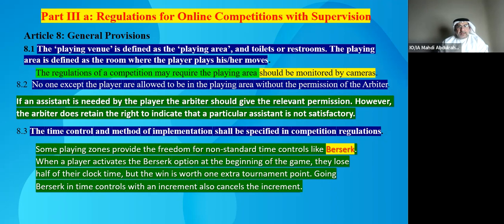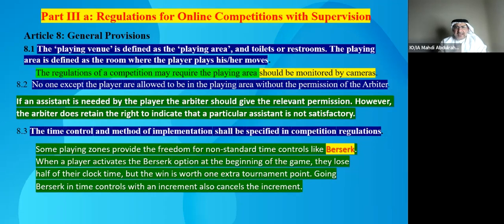The time control and method of implementation shall be specified in the competition regulation. What time control is used, whether it is a blitz, rapid or classic tournament. Some playing zones provide the freedom for non-standard time control, like a break option, and when a player activates the break option at the beginning of the game, we are not using the rule of losing by half of the clock time.